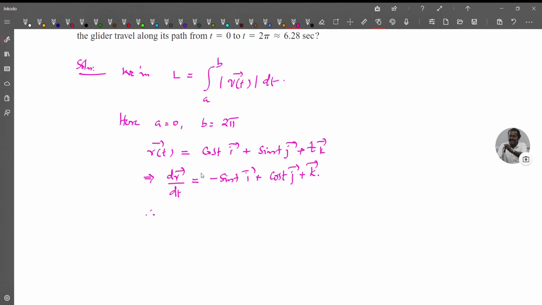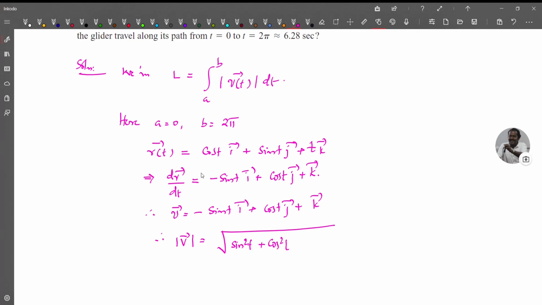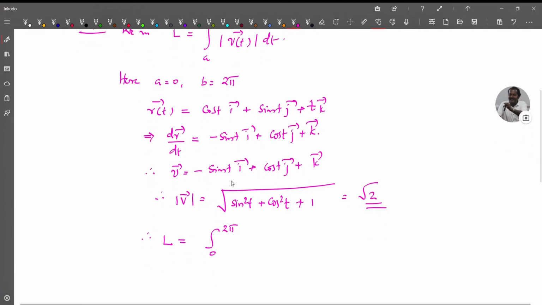Therefore, v equal to minus sin t i plus cos t j plus k. Therefore modulus of v is square root of sin square t plus cos square t plus 1. So this is root 2. Therefore L is equal to integral from 0 to 2 pi of modulus of v of t, that is root 2, dt.